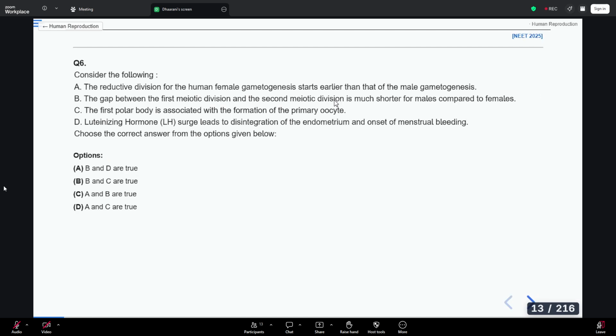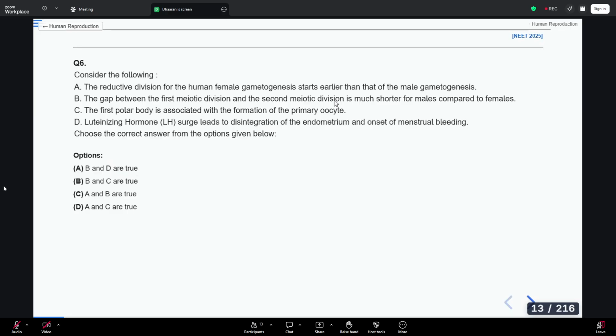Consider the following. The reductive division for the human female gametogenesis starts earlier than that of male gametogenesis. The gap between the first meiotic division and the second meiotic division is much shorter for males compared to females.